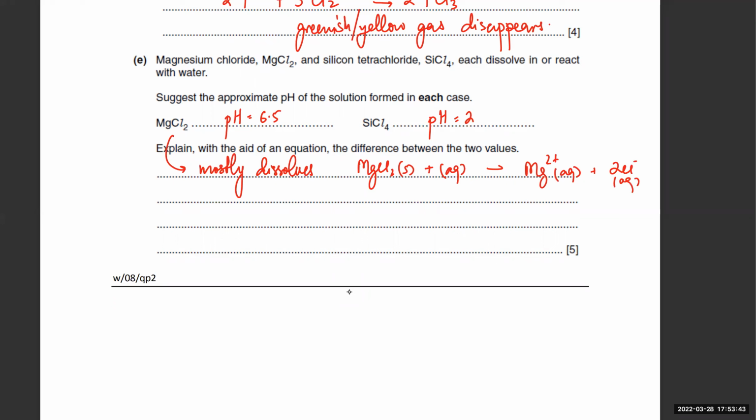And the other one is, इसका, it's usually strong hydrolysis, vigorous reaction. And you can write the equation SiCl4 reacting with water, it would form SiO2 or Si(OH)4, plus it will give off HCl. Make sure the equations are balanced, okay?